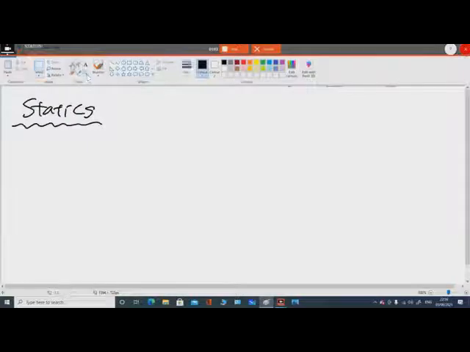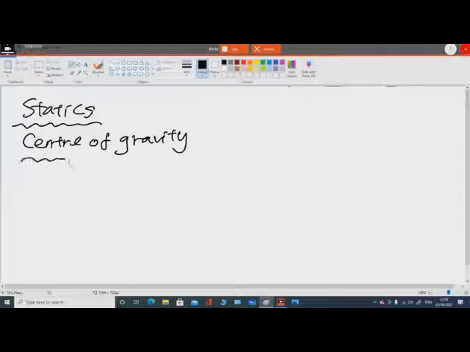So let's talk about center of gravity. What is actually meant by center of gravity? Let me draw a book here. So this is my book.